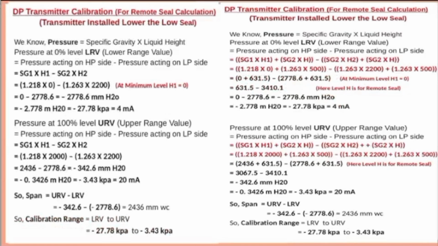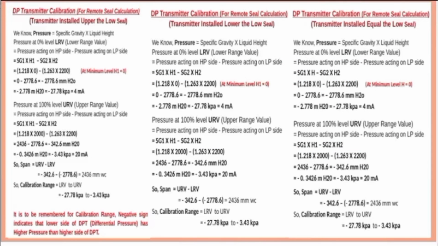Again, if we consider this comparison for three conditions, transmitter installed upper the low seal, lower the low seal, equal the low seal, for these three conditions the span value and calibration range are the same. So it is to be remembered, for these three conditions, the calculation of span and calibration range will not change. You see here, these three values, the span, here also span and span same, and the calibration range is the same.